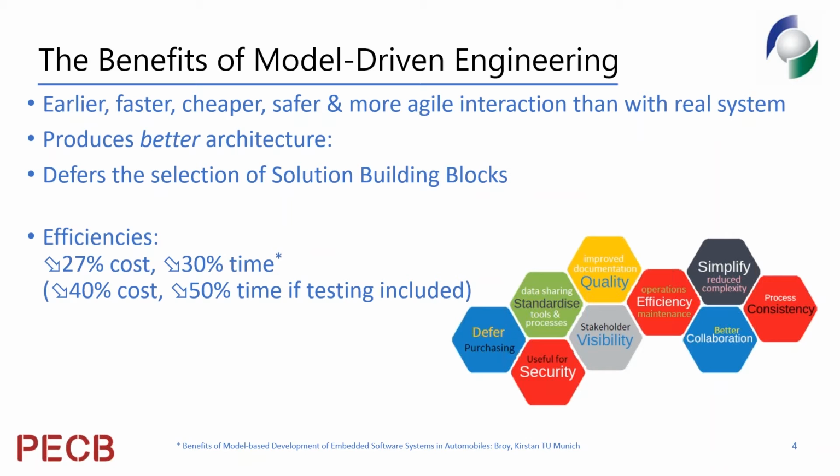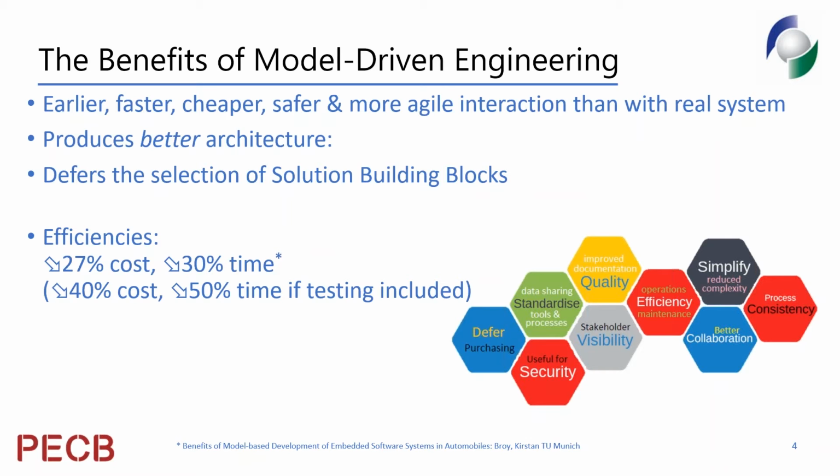And for instance, in software in the automobile industry, there have been studies that say, basically, the more you can do your engineering modeling, the more time and money you'll save. So in the case of automotive software, if you can do model-based engineering, you can reduce costs by 27% and the lead time by 30%.